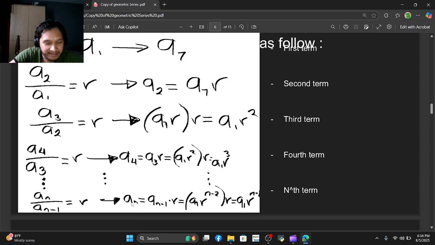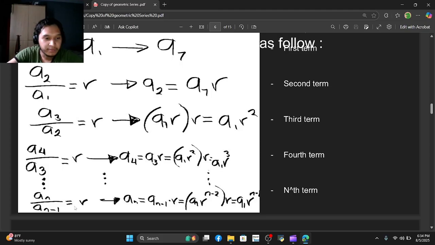This ratio means that we have any number in the sequence. Any number is equal to the number behind it, but we have to multiply it by the ratio. We're doing the same thing here.